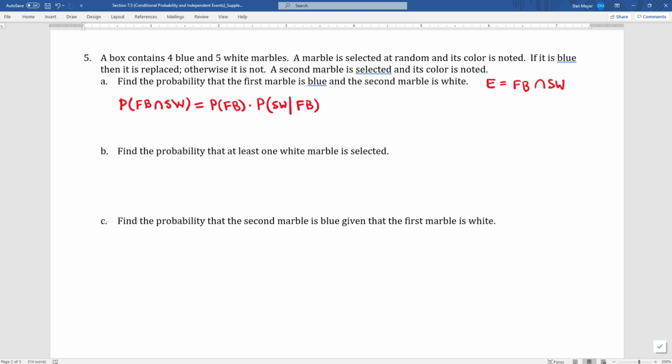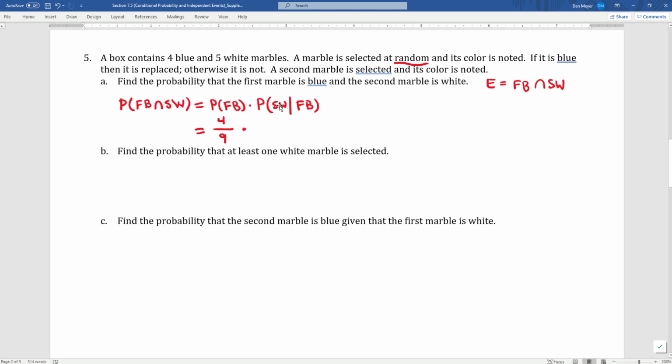Now, the probability that the first is blue: our box has 9 marbles total, and 4 of them are blue. We're pulling a marble out at random, so all the marbles are equally likely to get chosen. We can use our basic probability formula: the number of ways to pull out a blue marble is 4, the number of things that can happen is 9. So the probability that the first is blue is 4/9.